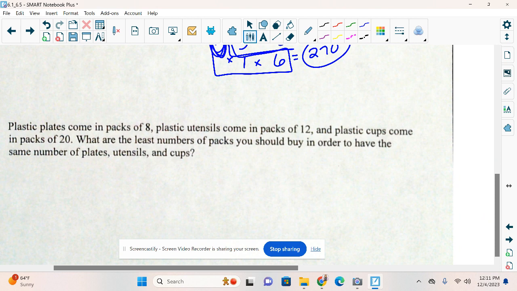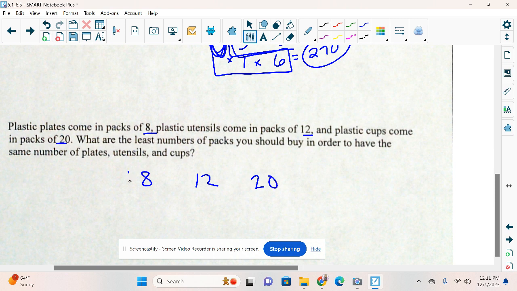So this is going to teach me how do I know so that I have the same amount of cups that I do utensils, that I do plates. You can use the LCM to figure this out. Even though there are 3 numbers, you can still do this. So you've got 8, 12, and 20.